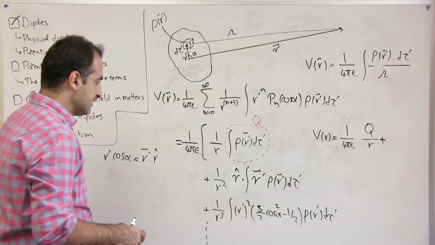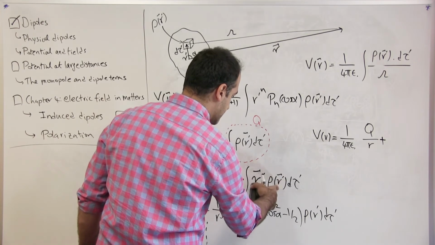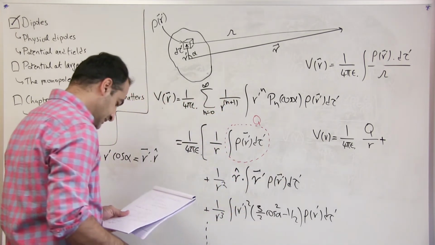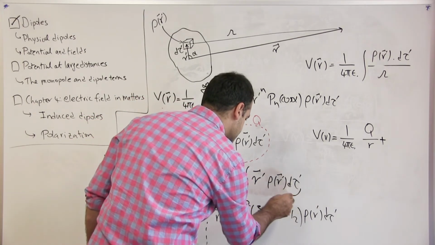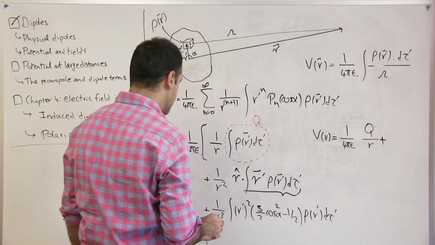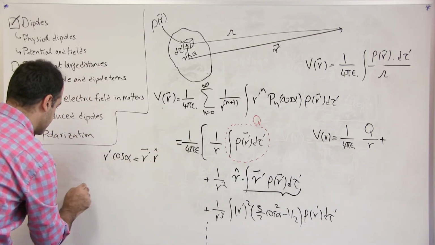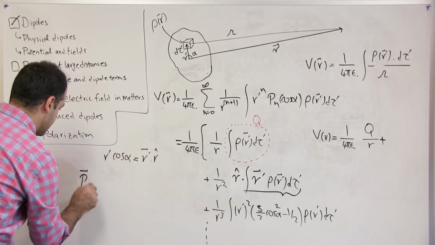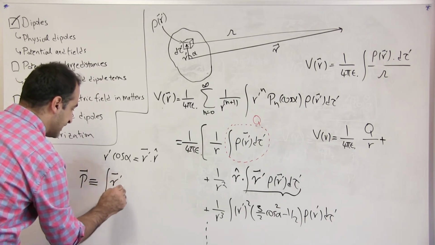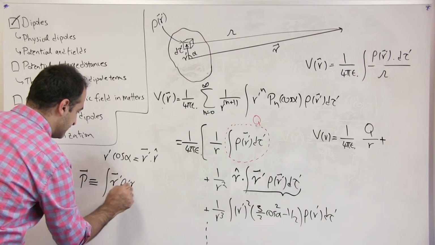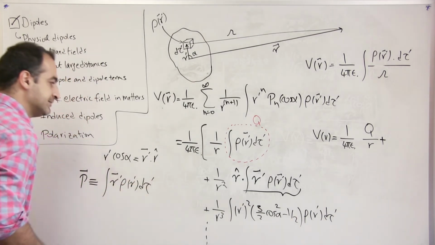Sounds good. So here we have r prime times rho r prime. This I want to define as the dipole moment, and then you're going to see why I define it as a dipole moment. So I'm going to define the vector p as the integral of r prime rho r prime d tau prime.